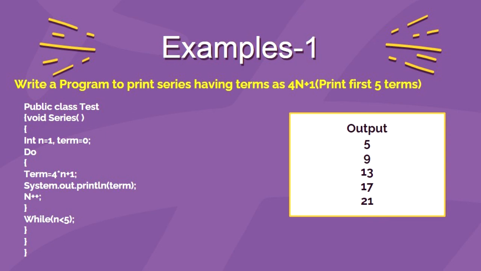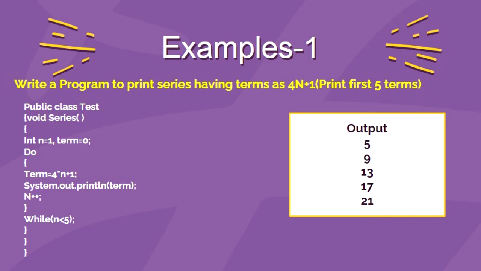So for 1, 4 into 1 is 4 plus 1 is 5. That is the first time. Second time 4 into 2 is 8 plus 1 is 9. Third one 4 into 3 is 12 plus 1 is 13. 4 into 4 is 16 plus 1 is 17 and 4 into 5 is 20 and plus 1 will become 21.